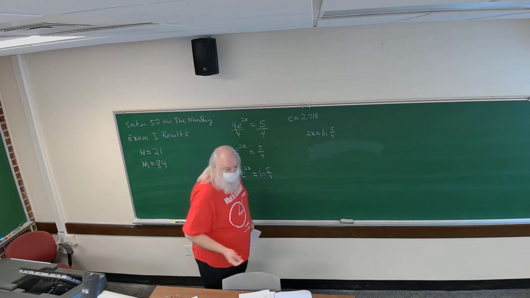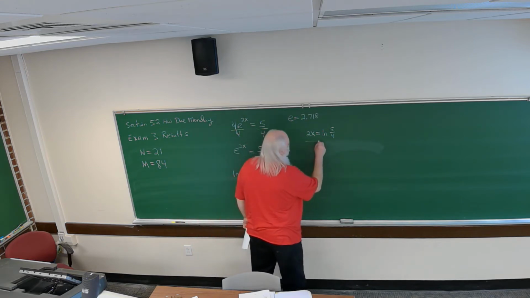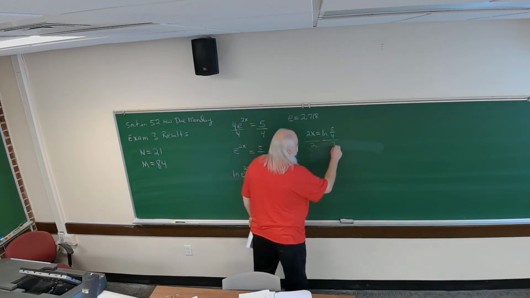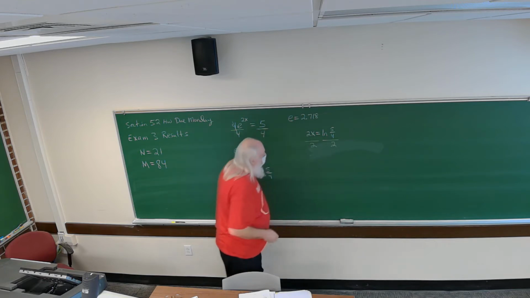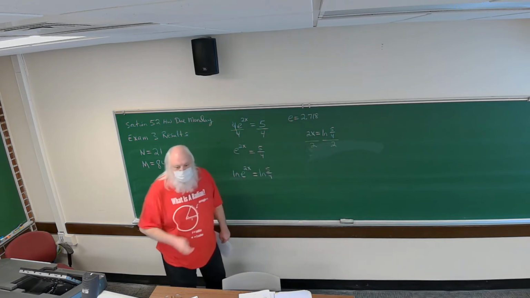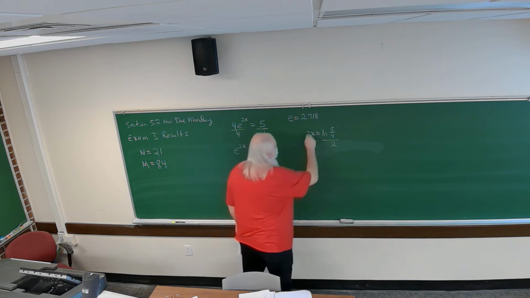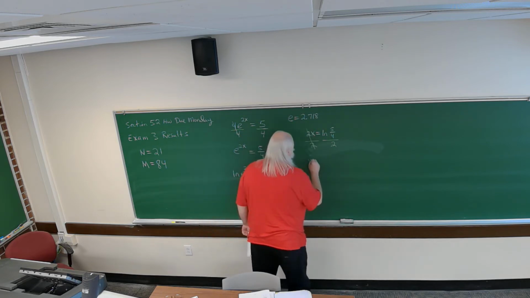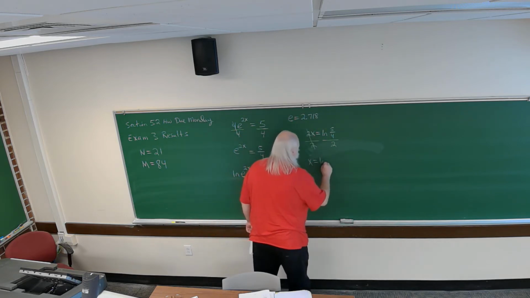And now I'm solving for x. Again, that's 2 times x. Division undoes multiplication. So we divide both sides by 2. And we are left with x is equal to the natural log of 5/4 over 2.